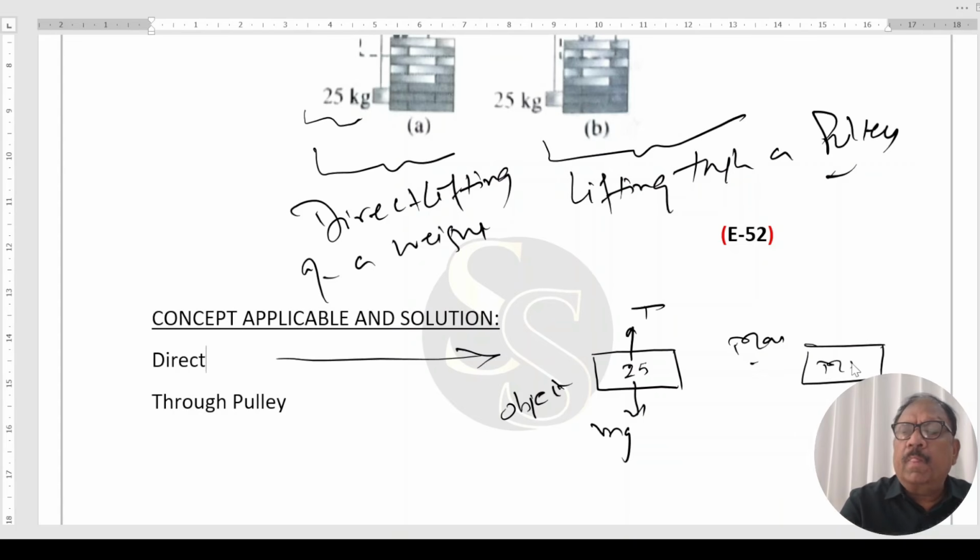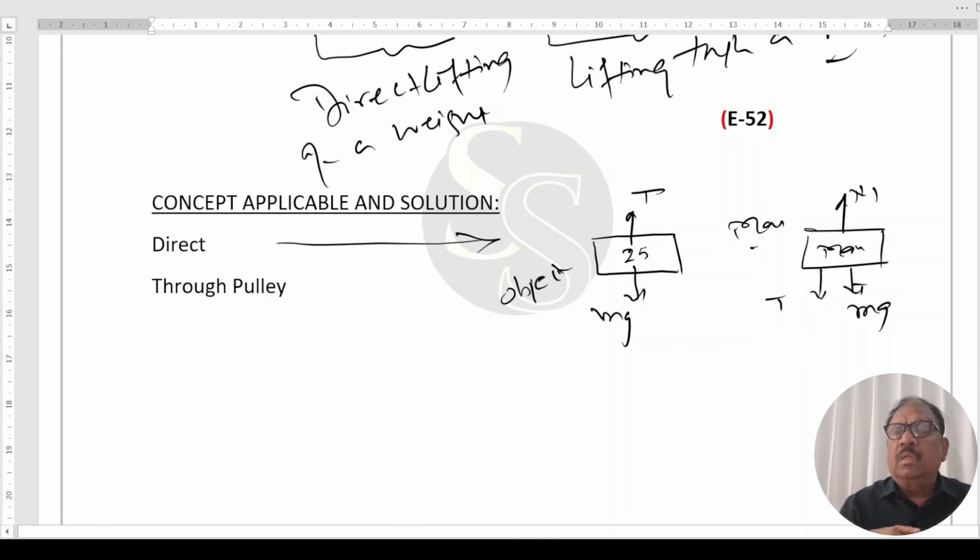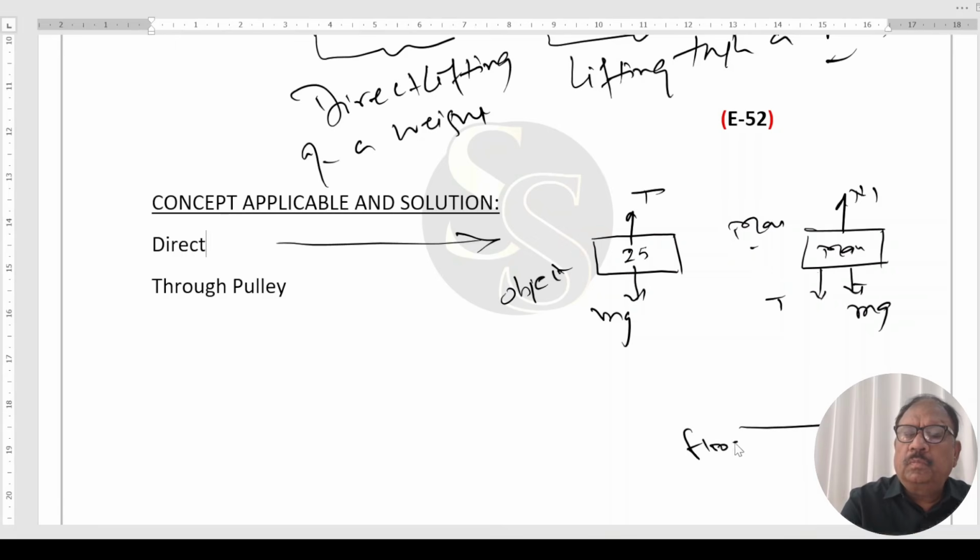This is a man. Weight Mg, this is a normal N1, and this is tension T. This is the floor, this is the man's weight. So both will, this is N1.